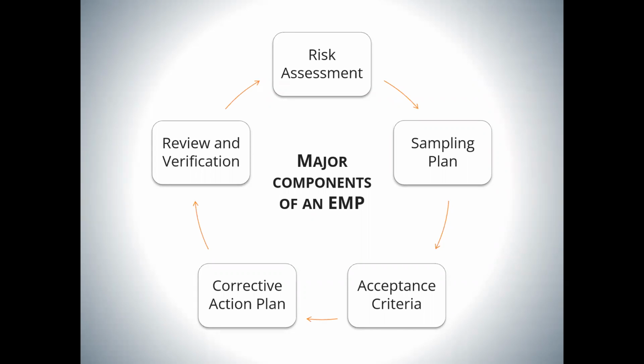And finally, there should be a review and verification process that should be performed periodically to make sure your EMP is up to date. We will look at these components in more detail.